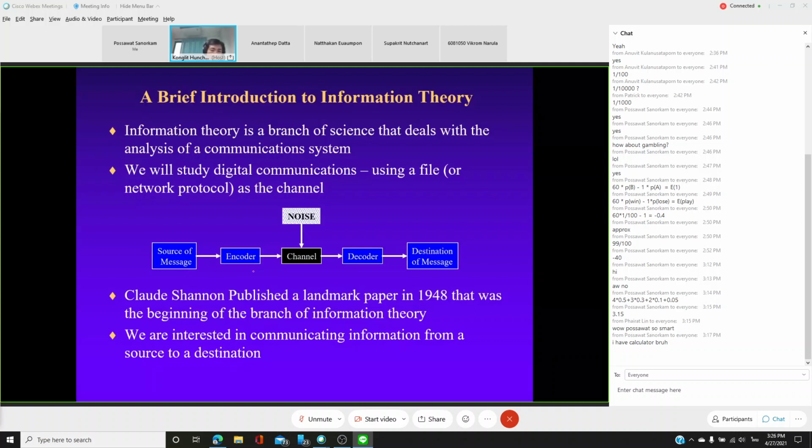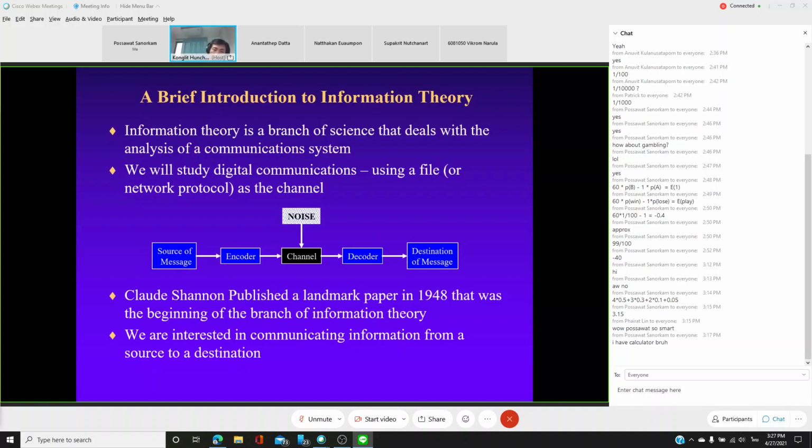If we encode, we have to decode. If we modulate, we have to demodulate. If we do source encoding, we have to do source decoding. If we do error control encoding, we have to do error control decoding.